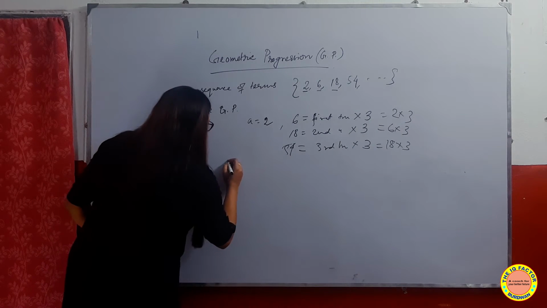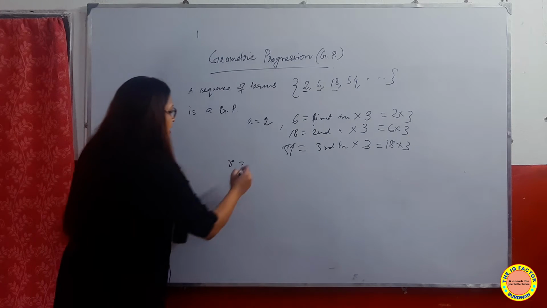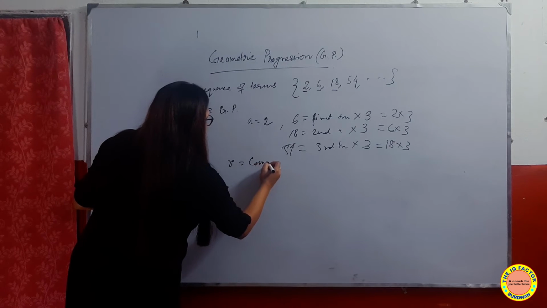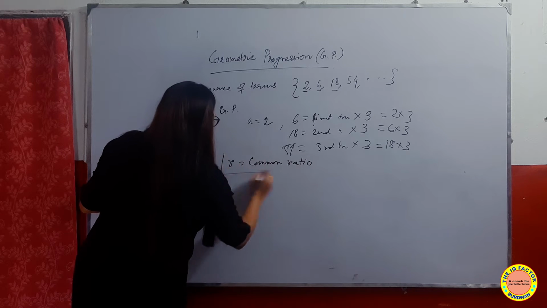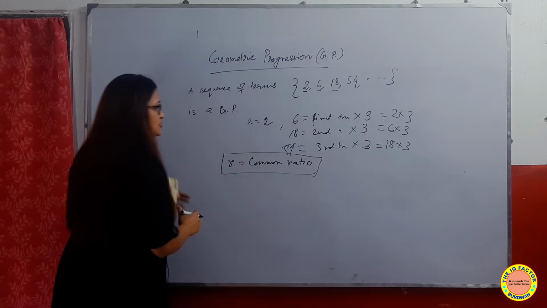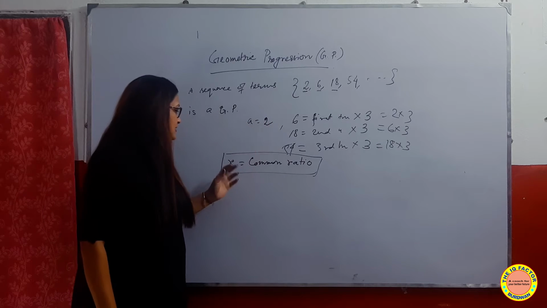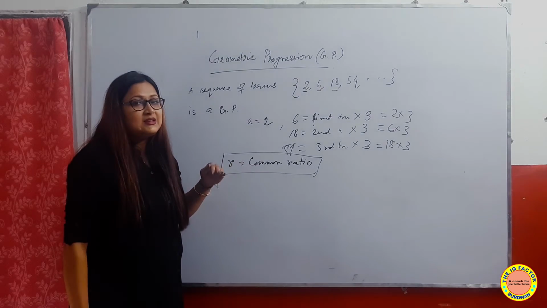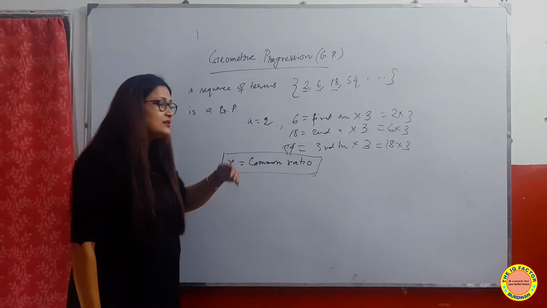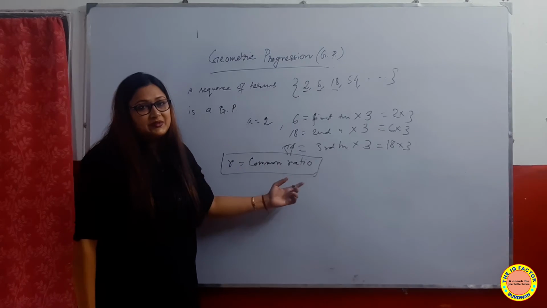That constant term, if we denote it by R, this R is called the common ratio. So in a GP, the first term is A and the constant term which is multiplied with each term to get the succeeding term is called the common ratio.